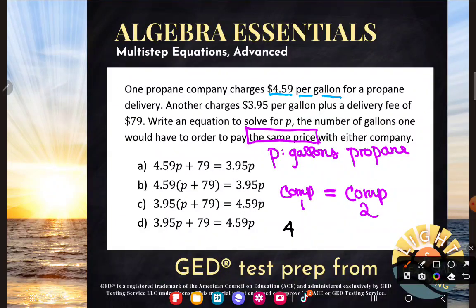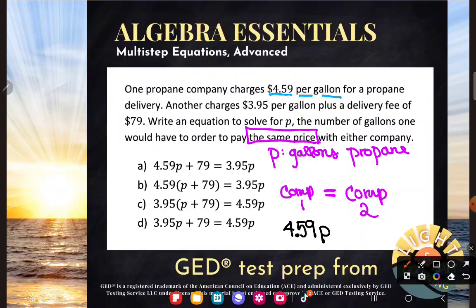The number of times you'll get charged $4.59 is the number of gallons you buy. So $4.59 times P is going on definitely with one of these companies.